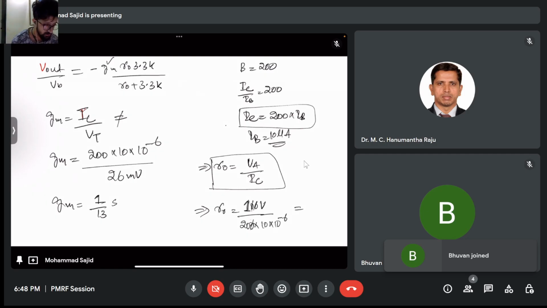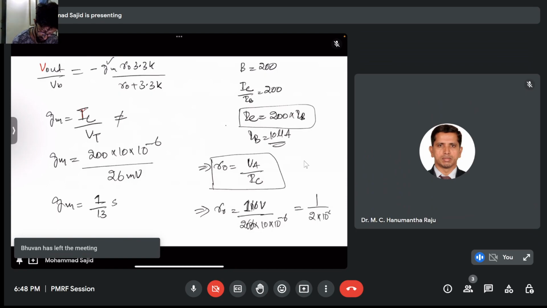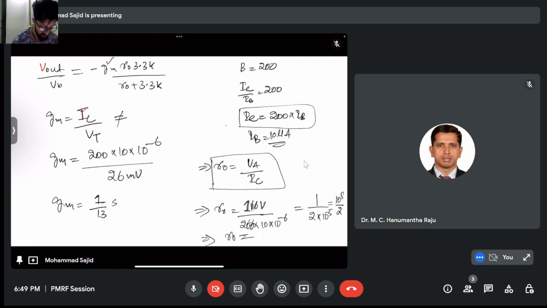Okay, so you get R0 equivalent to 1 divided by 2 into 10 to the power minus 5, right? Okay, now you know R0 as well as GM.